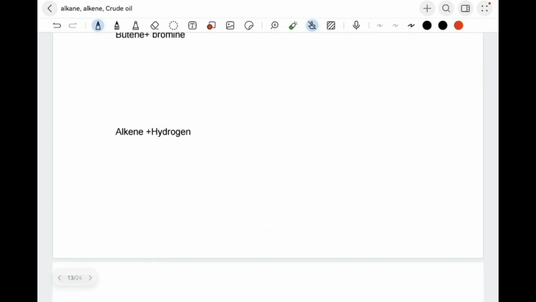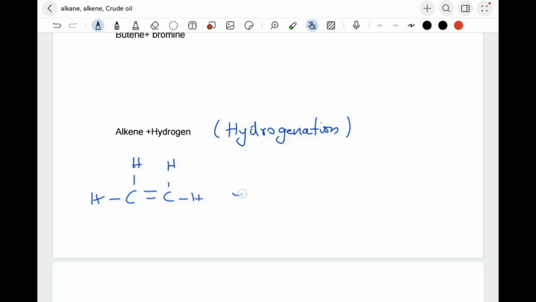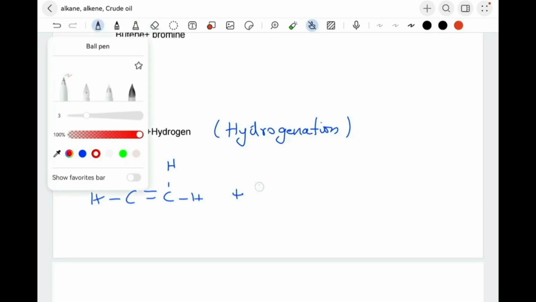And the next equation is between alkene and hydrogen. It is also an addition reaction. This reaction is called hydrogenation. This is also similar to the bromine reaction. Ethene, I am writing an equation between ethene and hydrogen. Just break the double bond. To know the difference, I am giving this hydrogen in a red color.